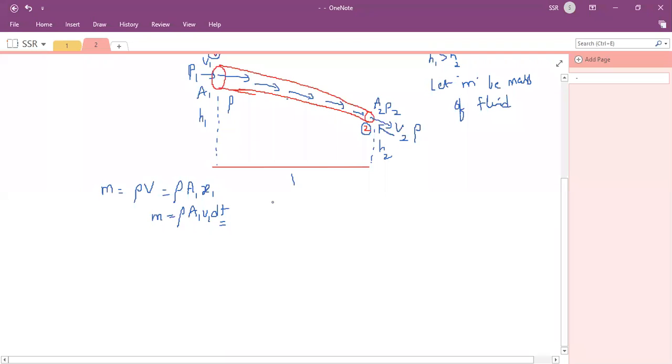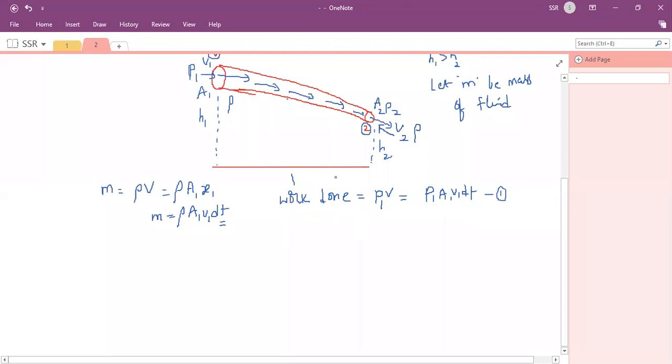Then the work done on the fluid due to pressure at point 1: work done by pressure is P into V, because force into displacement boils down to P into V. That means P1 into V, and V means A1 v1 dt. Then the work done at point 1 on the fluid is P1 A1 v1 dt. This is equation number 1.